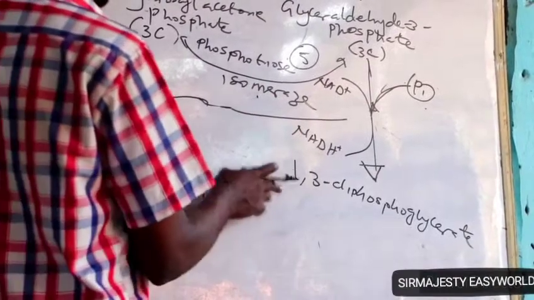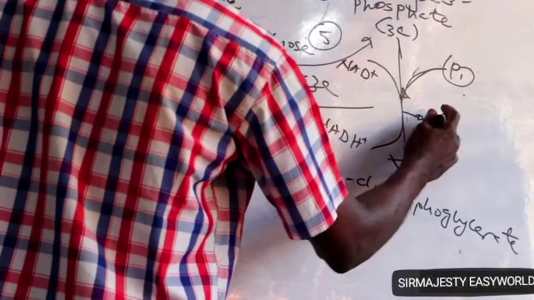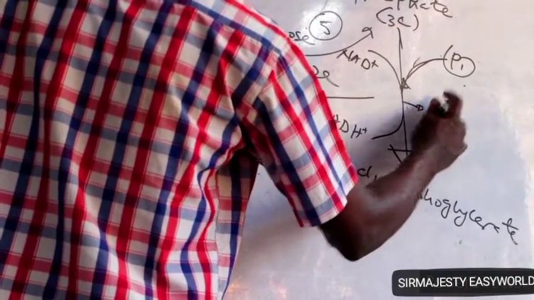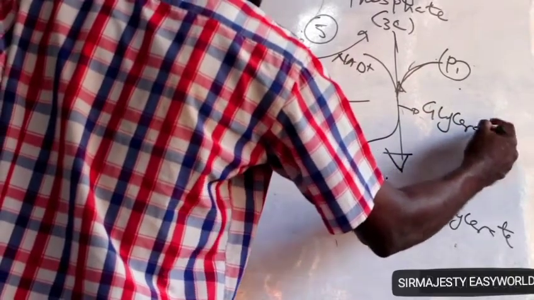So in this case, we find out the enzyme that is in charge of this level is glyceraldehyde 3-phosphate dehydrogenase.